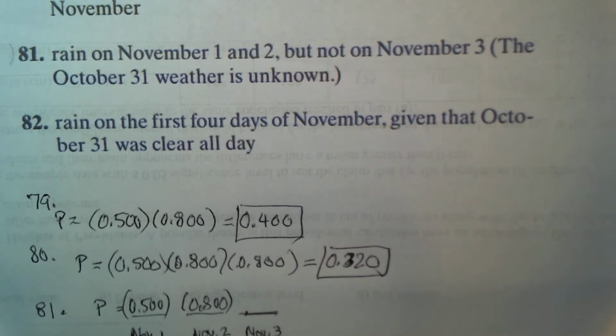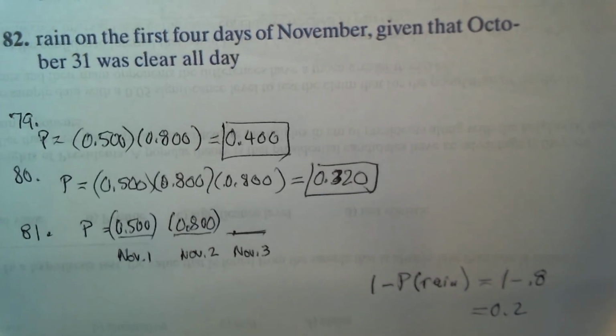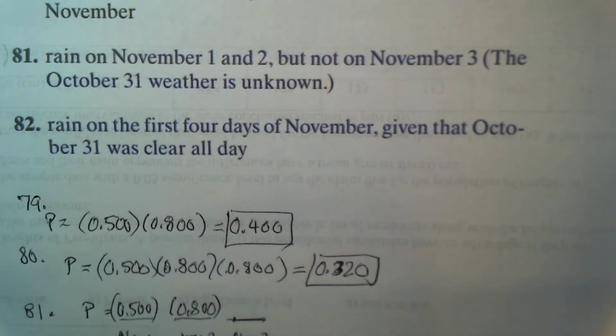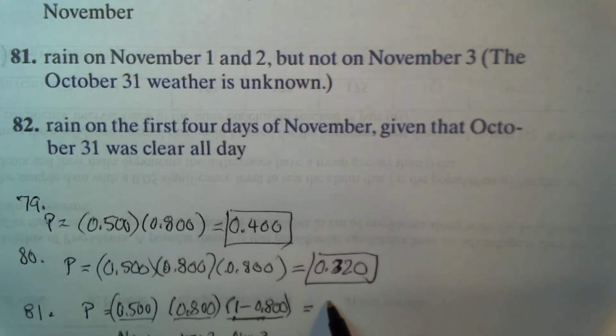And since the probability of rain is 0.8, it's 1 minus 0.8, so that's equal to 0.2. So times 1 minus 0.800. And that product is equal to 0.080.